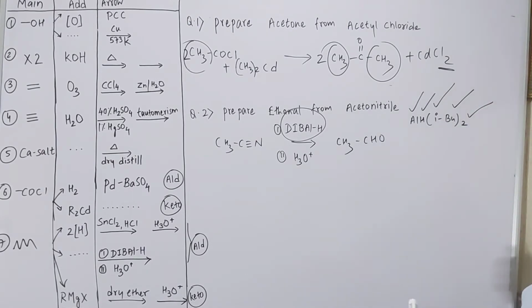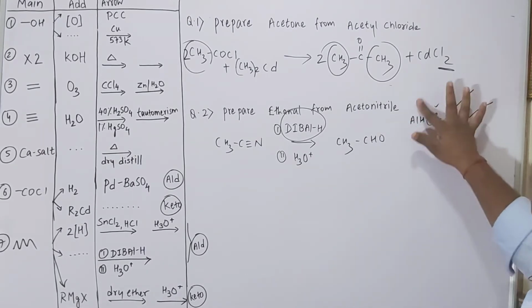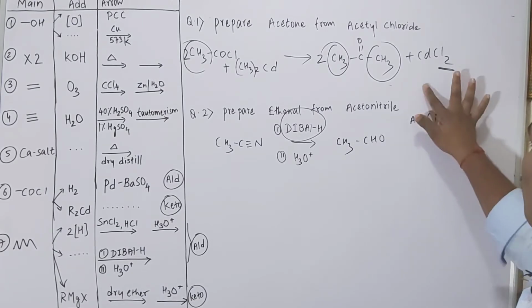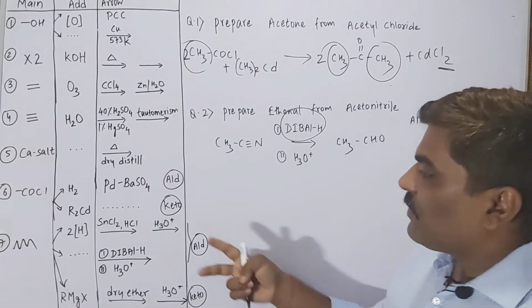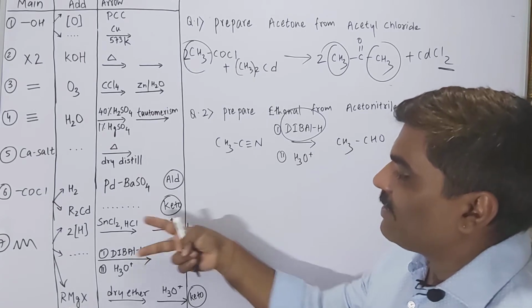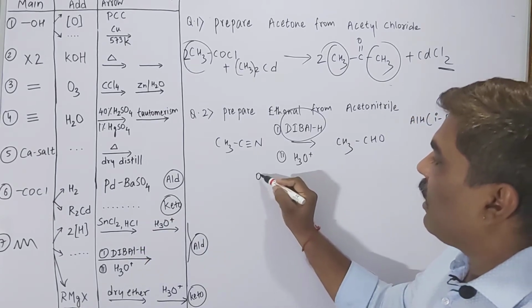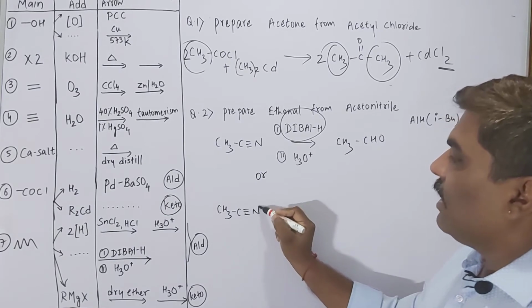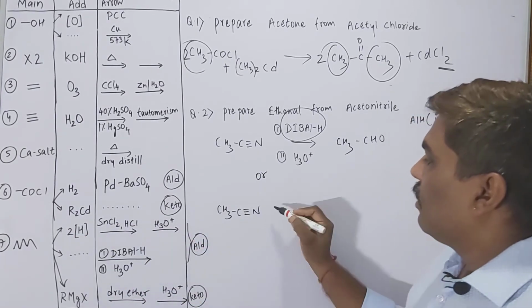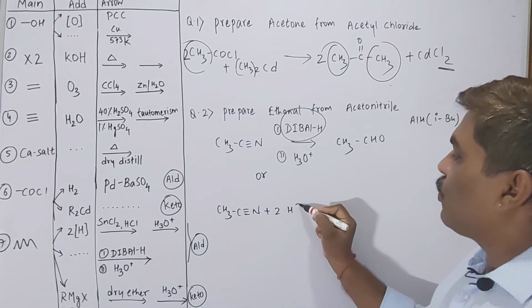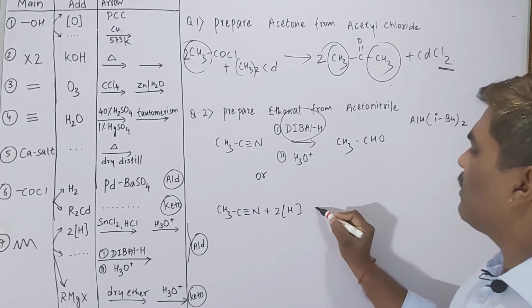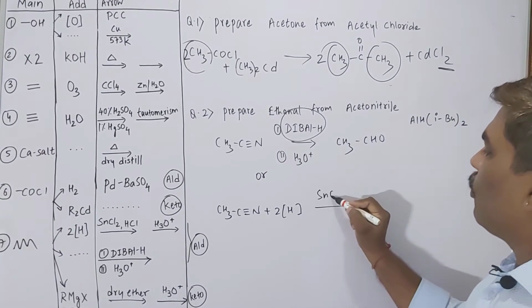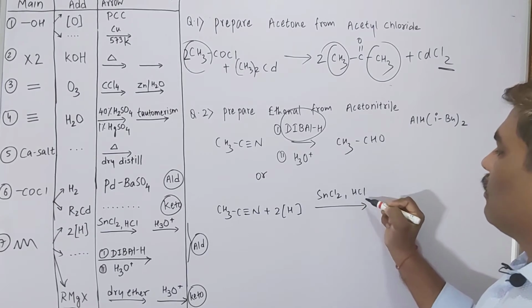Okay, so now next we'll see, we have one more possibility here, because for aldehyde two possibilities are there. So what we can do here is methyl cyanide is reacted with two hydrogen. Reacted in the sense it is reacted with stannous chloride and HCl.